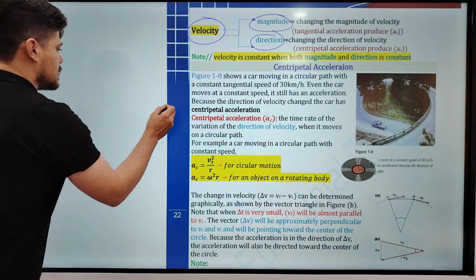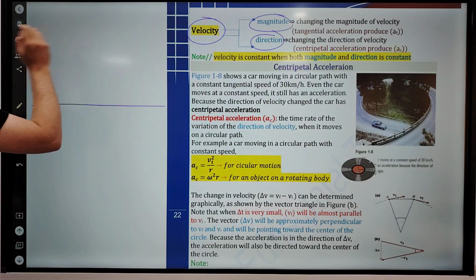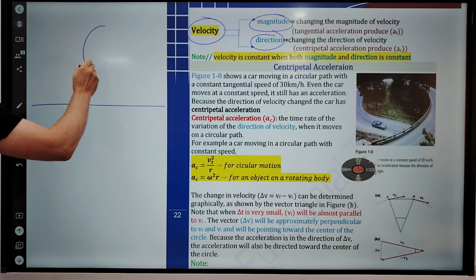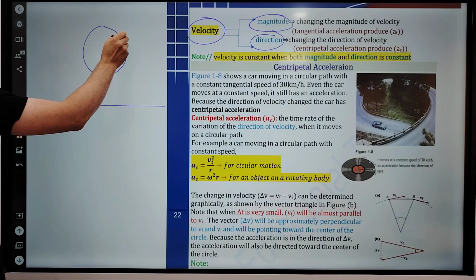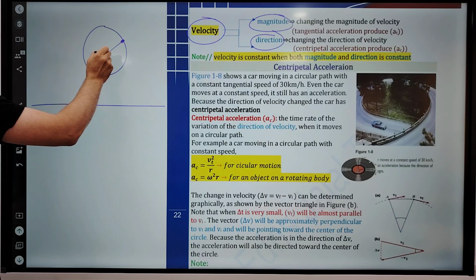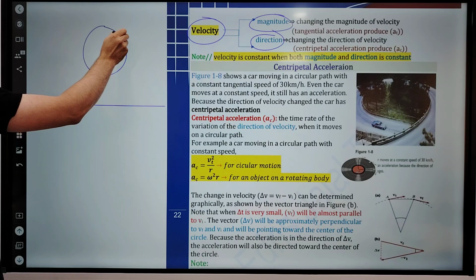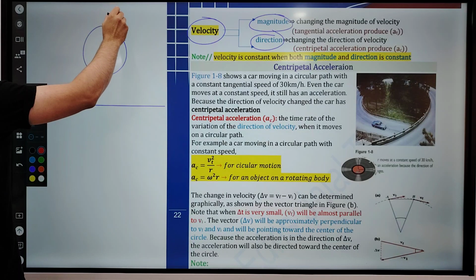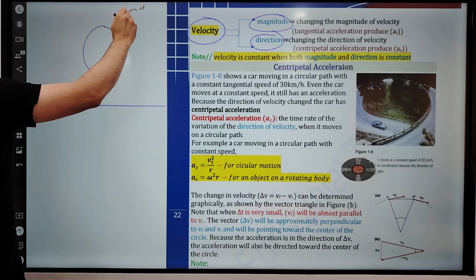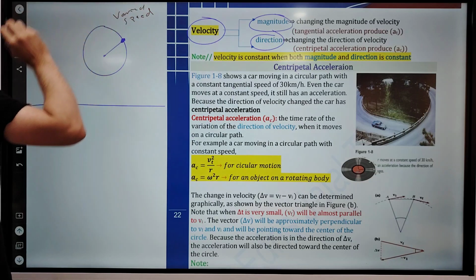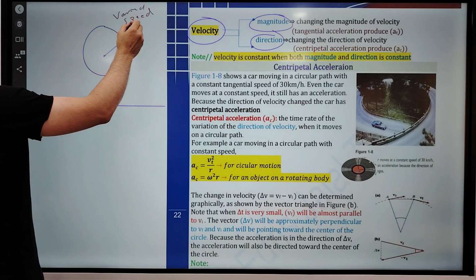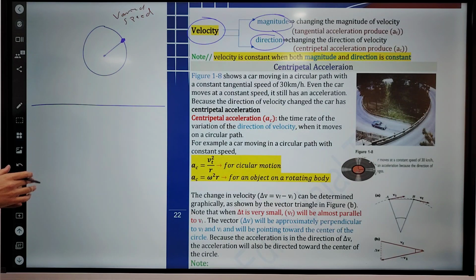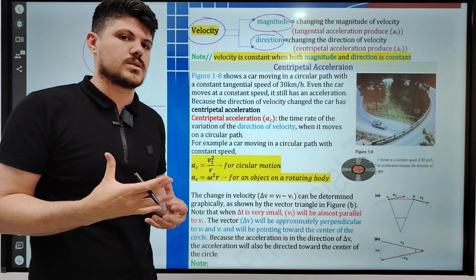Look at this. Let me draw the two figures. If the object is moving in a circular path with a varied speed, what do you mean by varied speed? It means that the speed is not constant, the speed changes.